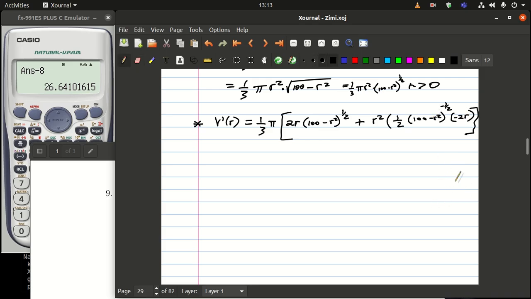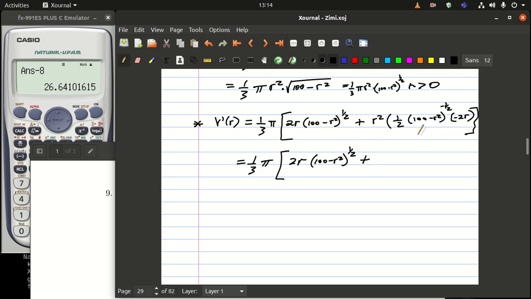We are using the product rule, and when we are dealing with the derivative of this, we end up using the chain rule. So we end up having 1 over 3 pi, and then inside here we'll end up having 2r, and then 100 minus r squared raised to 1 over 2, and then we have a plus here.